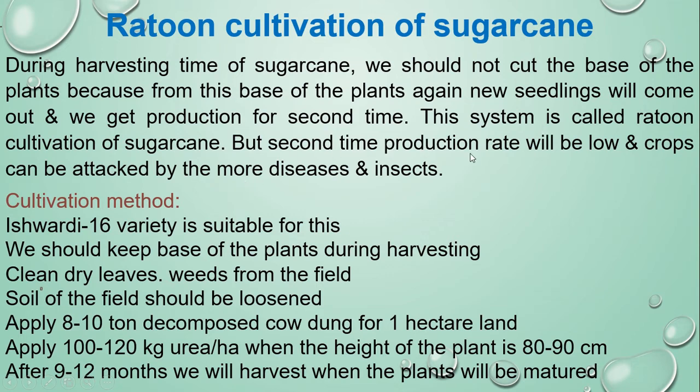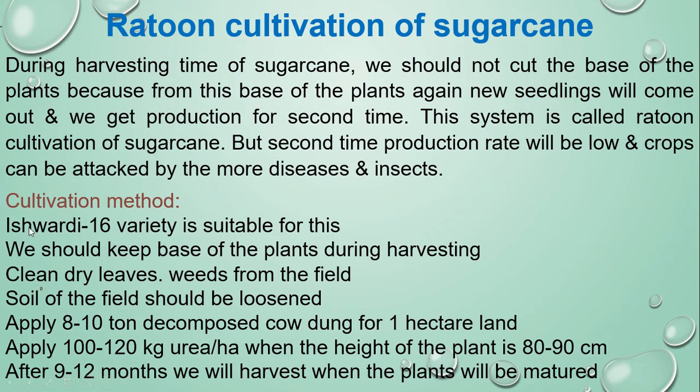But the second-time production rate will be low and crops can be attacked by different diseases and insects, but this is very helpful. And this type of cultivation we do when we are producing sugar or gur in the local sweet. And how do we do the cultivation method?